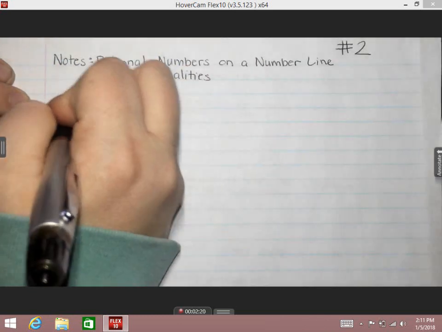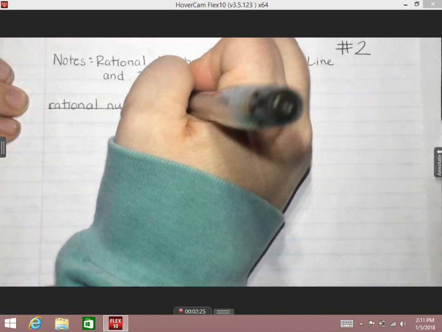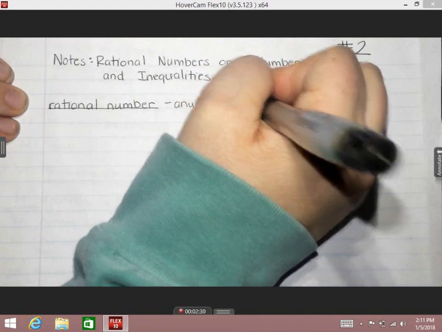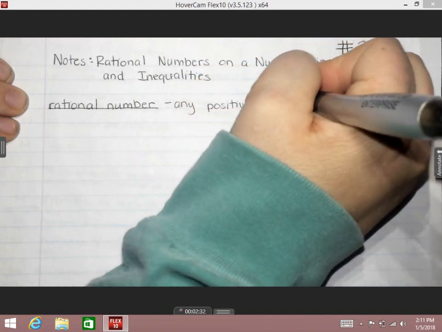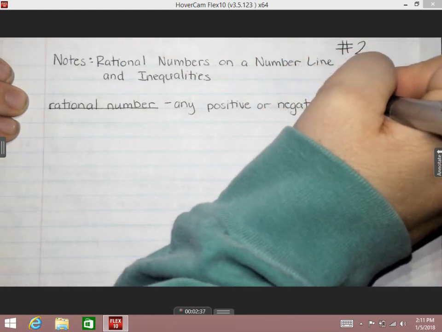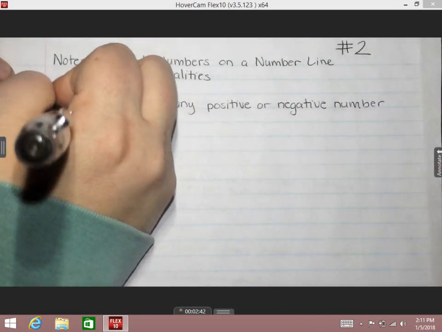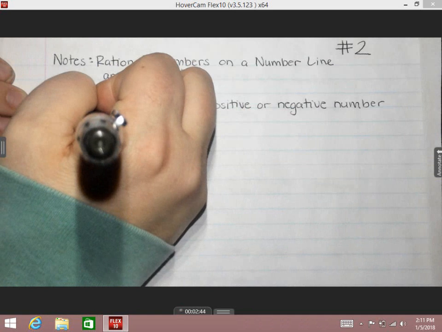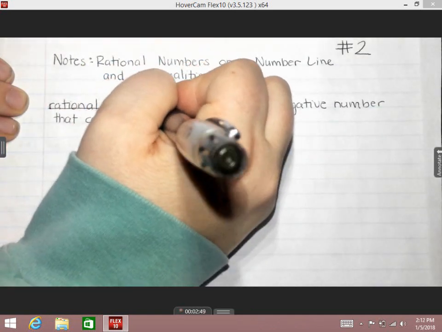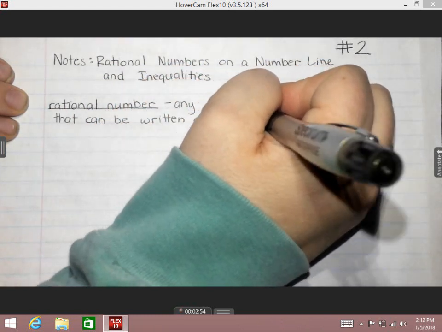All right, so a rational number is any positive or negative number that can be written as a fraction.